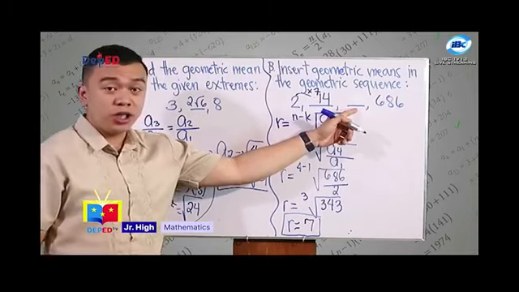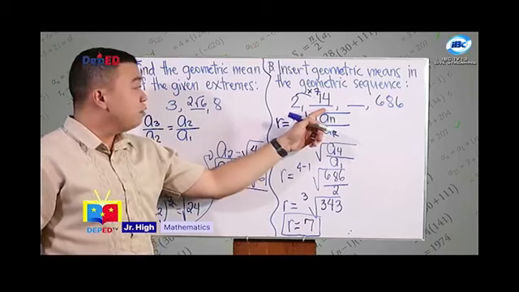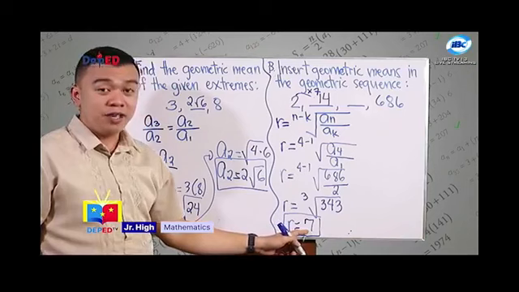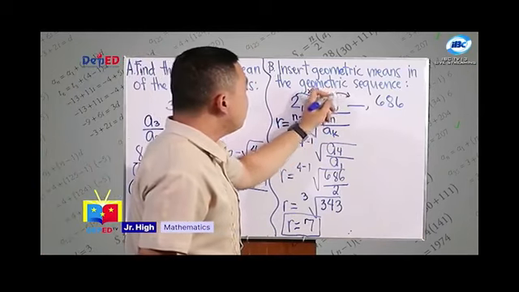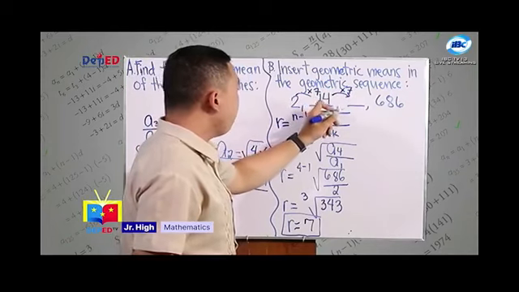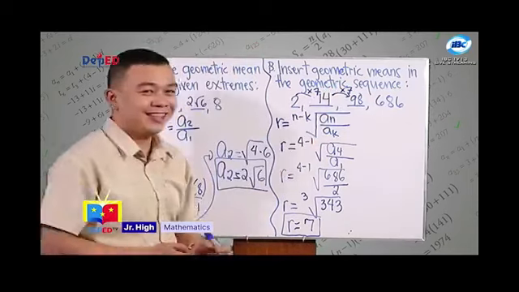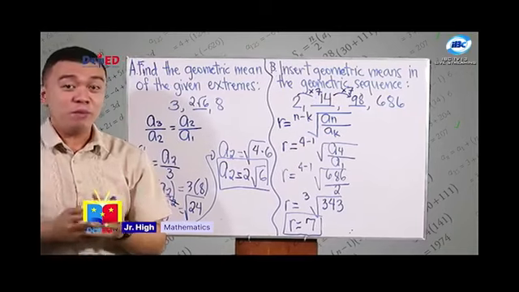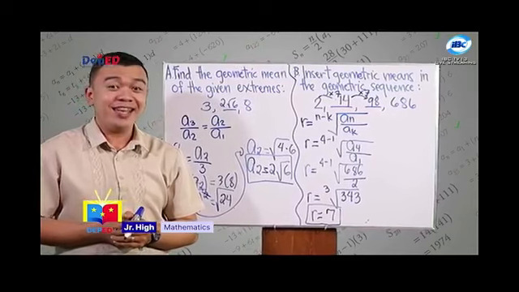And to get the third term, we will multiply the second term, 14, times the ratio, which is 7. So 14 times 7 will give us 98. So the geometric means of the sequence are 14 and 98.